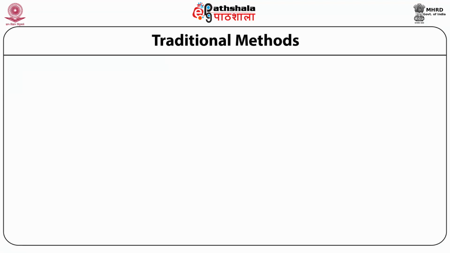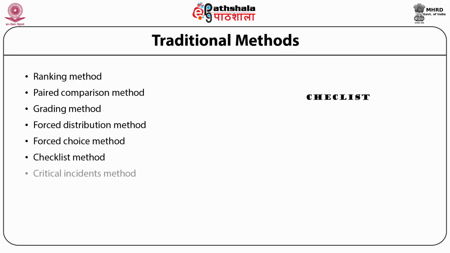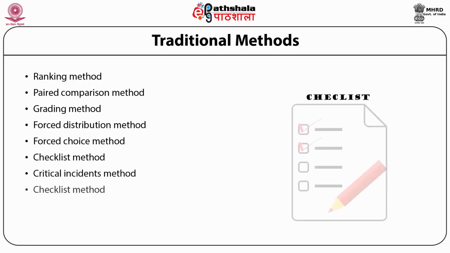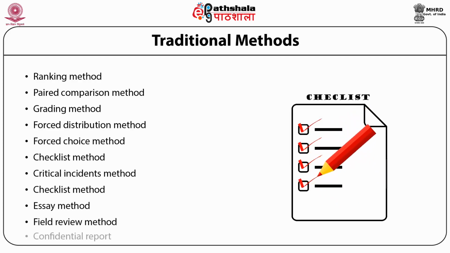Here we shall be telling what all are the traditional methods: ranking method, paired comparison method, grading method, forced distribution method, forced choice method, checklist method, critical incidents method, graphic scale method, essay method, field review method, and the confidential report.